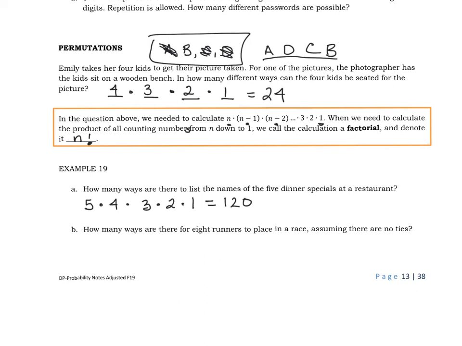Okay, how many ways are there for 8 runners to place in a race, assuming there are no ties? Do people care about how they finish in a race? Absolutely. So nobody's crossed the finish line yet, how many choices of runners could possibly cross that finish line first?